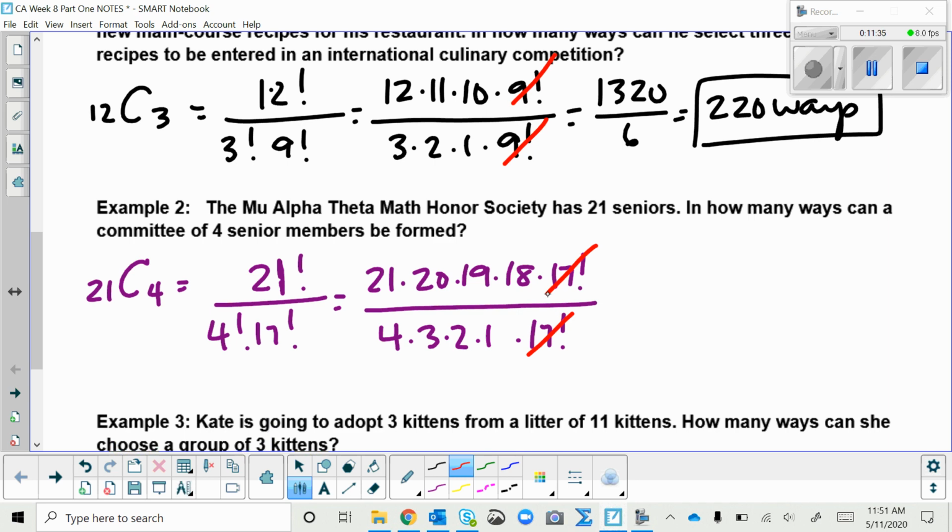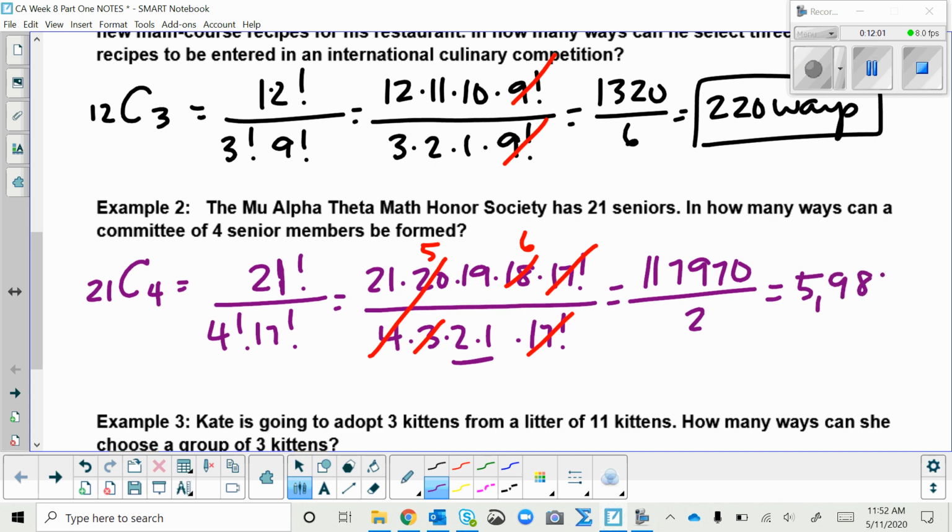For example, 20 over 4 is 5. 18 over 3 is 6. So now up top I'm multiplying 21 times 5 times 19 times 6, which is 11,970. And then on the bottom I have 2 times 1, which is 2. So there's 5,985 ways.